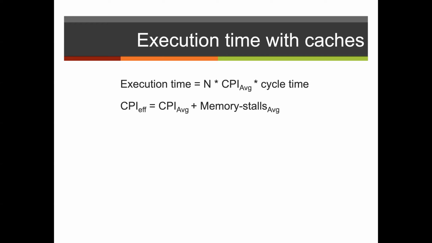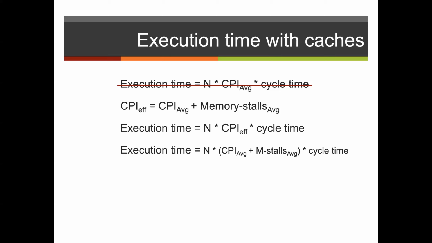So this requires us to modify how we compute the execution time: n times the CPI effective times our cycle time, which is n times the CPI average plus the memory stalls average, times the cycle time.